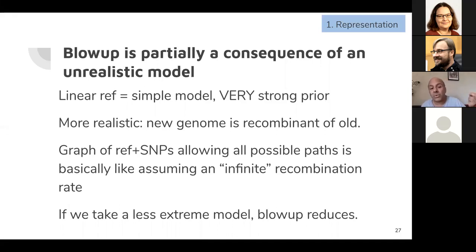If you take your graph, which is made from a reference and all your SNPs, and you allow all possible paths through it, you're basically saying you're allowing an infinite recombination rate, because you believe recombination could have happened everywhere. And that is a very extreme position, okay? That's the worst possible scenario. It's not as bad as saying you can have every base at every position, but it is extreme. So if you take a less extreme model, blow-up reduces.